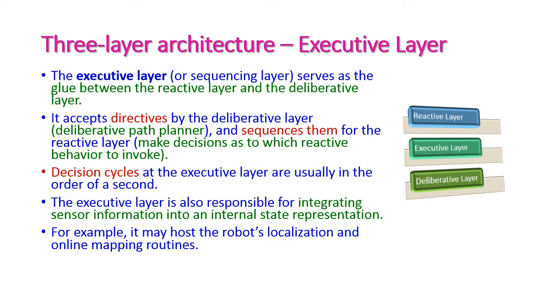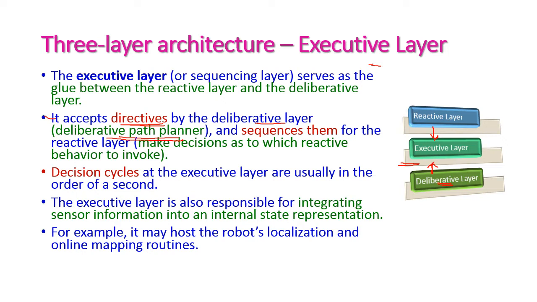The second layer is the executive layer. This is the executive layer which combines the deliberative layer as well as the reactive layer. It accepts directives from the deliberative layer, that is, from the deliberative path planner. The path planner is actually located in the deliberative layer.